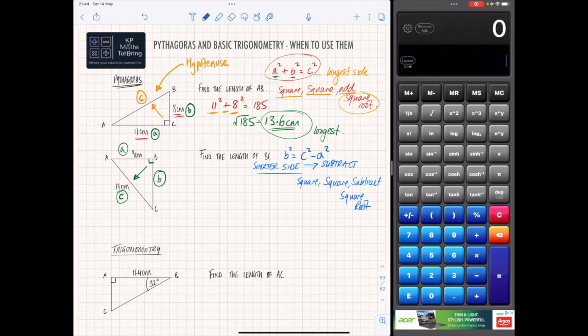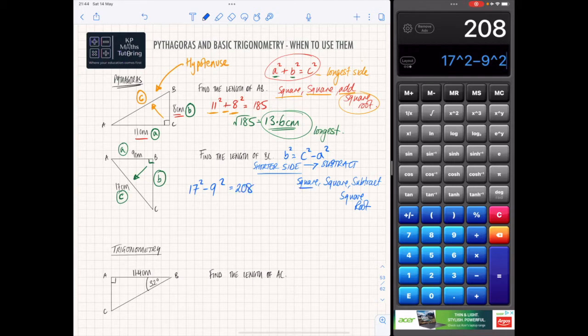So let's look at what this would look like in this question. So we're saying 17 squared, make sure you always take the longest side there, minus 9 squared. So 17 squared minus 9 squared gives me 208.